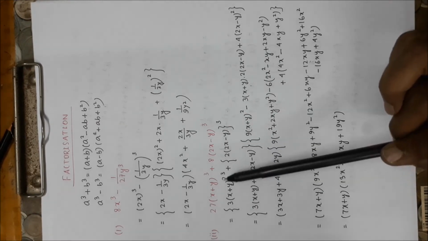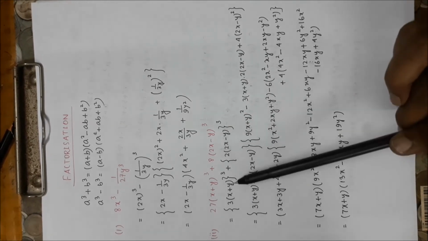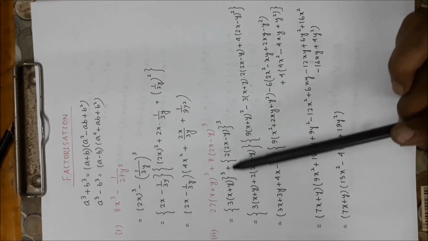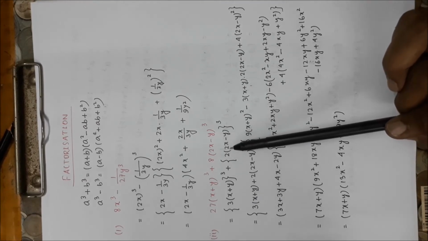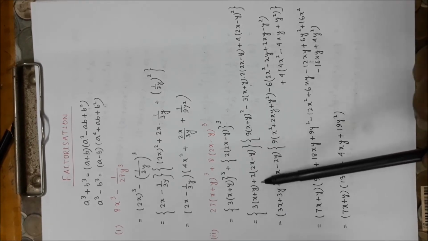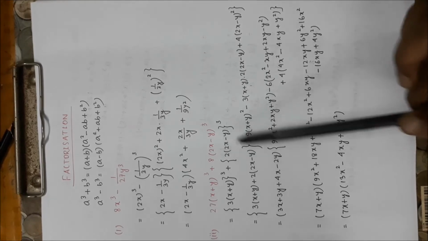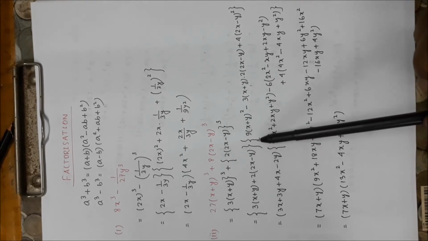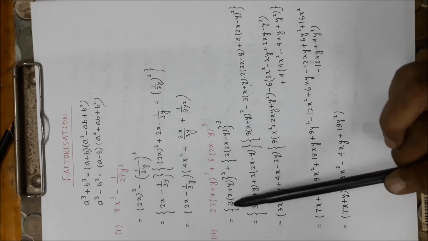So we express this as a sum of two cubes. So formula is a plus b, that is 3 into x plus y plus 2 into 2x minus y, multiplied by square of this term.